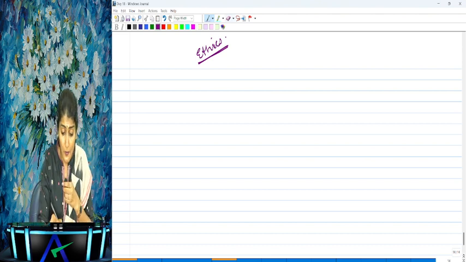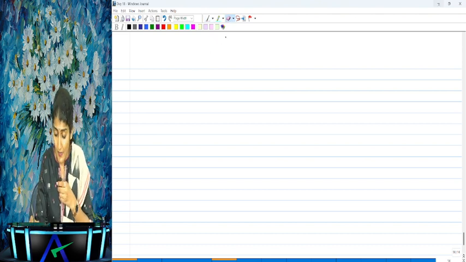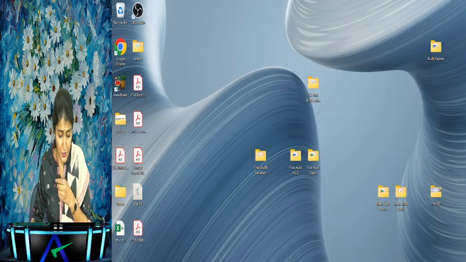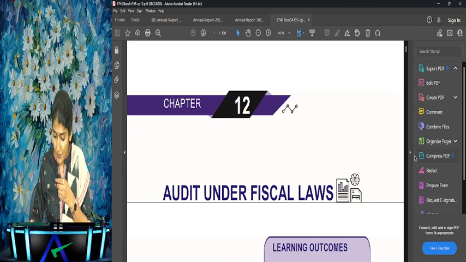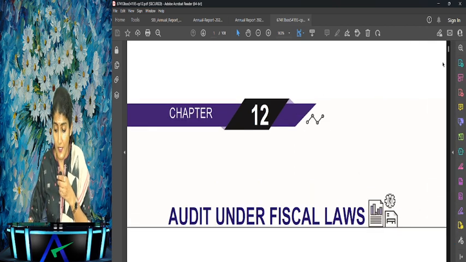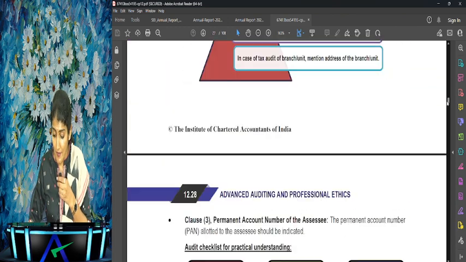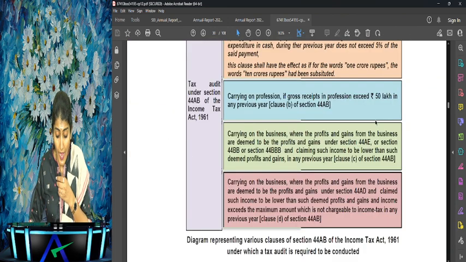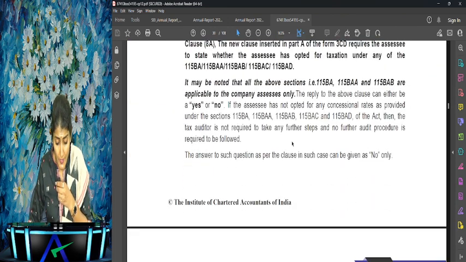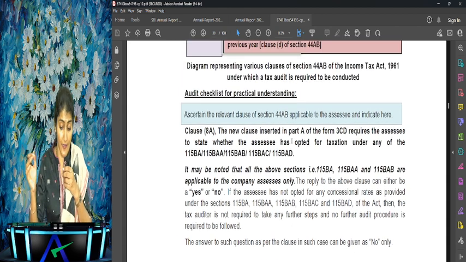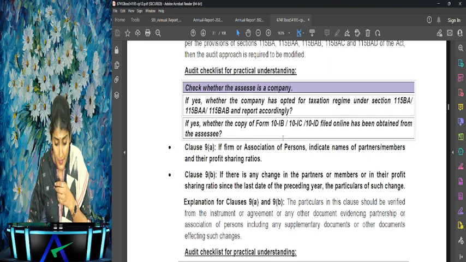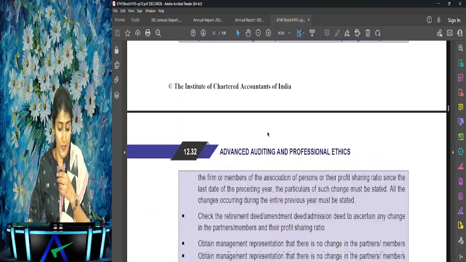Now, as my concluding remark for the chapter of the tax audit, what I would suggest to you is that you have the institute study material, in which it is a 108-page chapter. And what they have done for each clause, like, if it is clause 8A, whether the assessee has opted for the taxation scheme, then they've given the detailed audit checklist for the practical understanding over there.